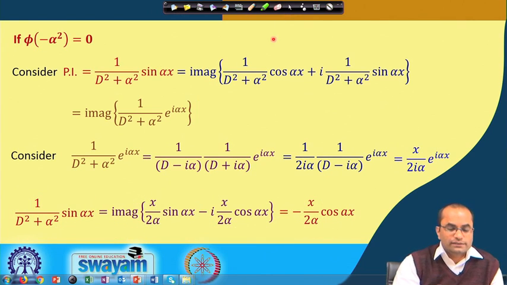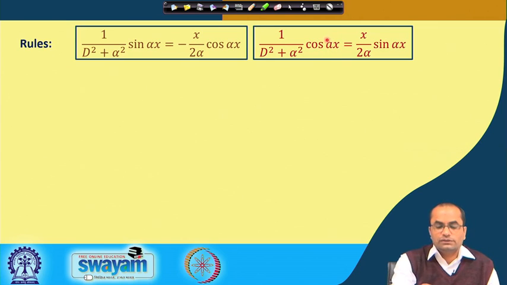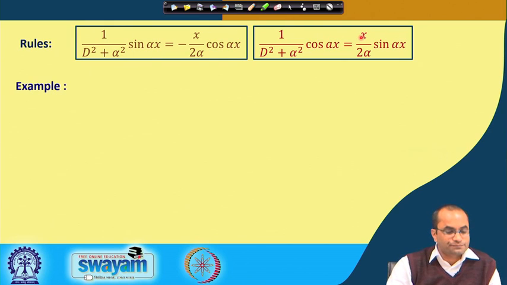Just to summarize these two important results: applying 1 over D square plus alpha square on sin alpha x gives minus cos alpha x with the factor x over 2 alpha. For cos alpha x, it gives sin alpha x with the same factor x over 2 alpha.